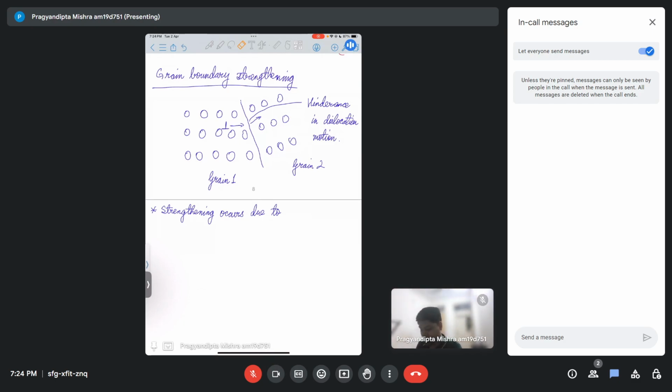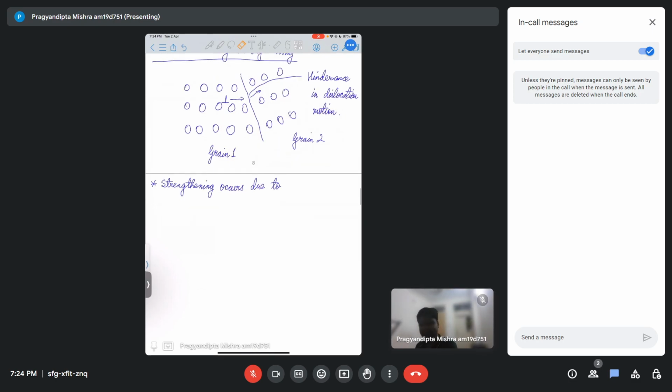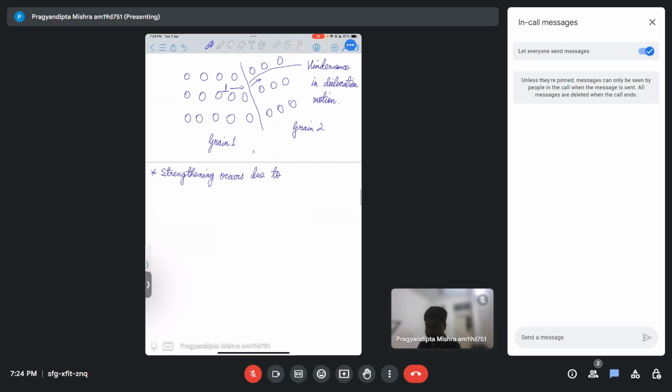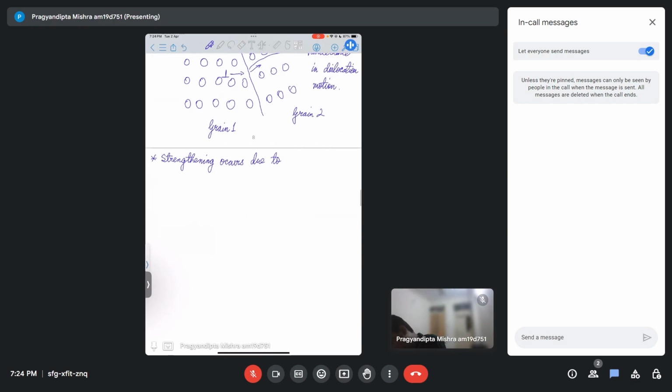Yes, sorry. Okay. So coming back to strengthening: why does the strengthening occur in grain boundary strengthening? Essentially there are two reasons. A, the dislocation passing from grain 1 to grain 2 will have to change its direction of motion due to crystallographic misorientation, right? Because grain 2 has a different orientation as compared to grain 1.